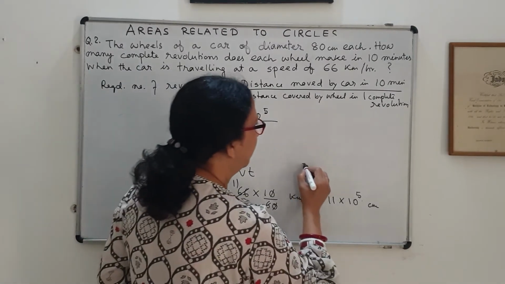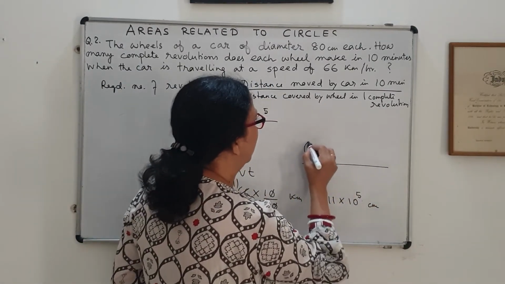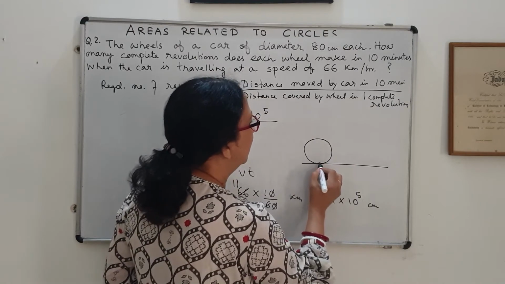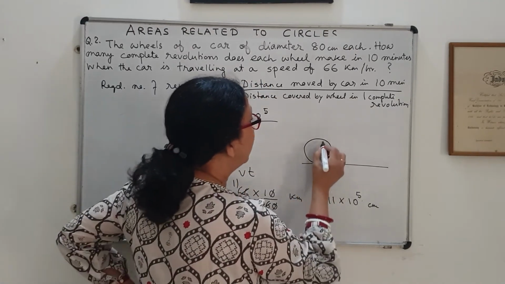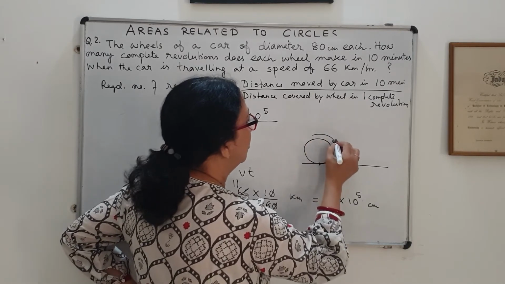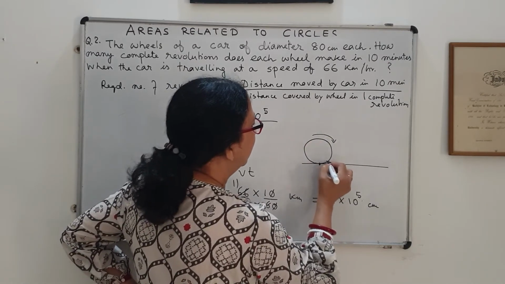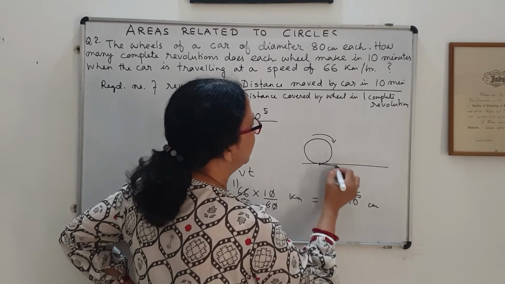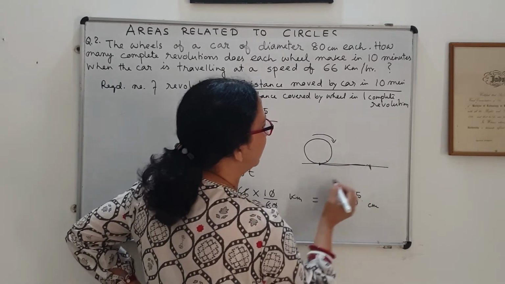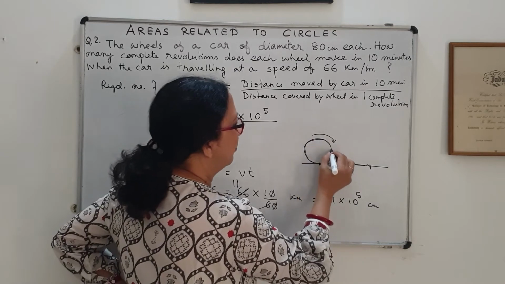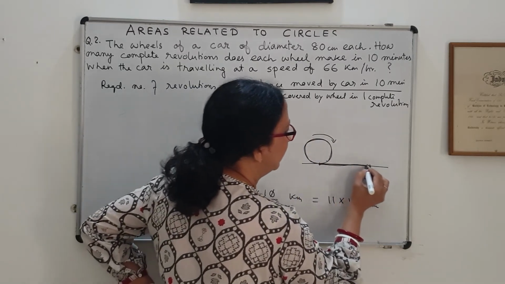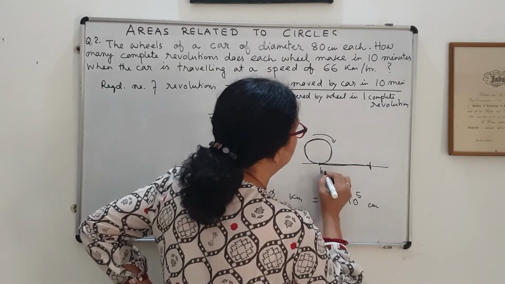You see, this is the road and suppose the wheel is here, as you can easily imagine. This is the point of contact with the road. When it starts revolving, what happens in one complete revolution? Suppose this distance is moved in one complete revolution; that means the whole circumference length will be covered. This is nothing but pi d.